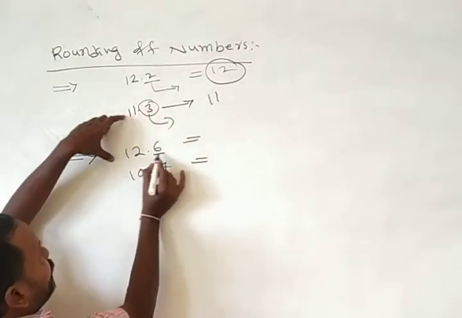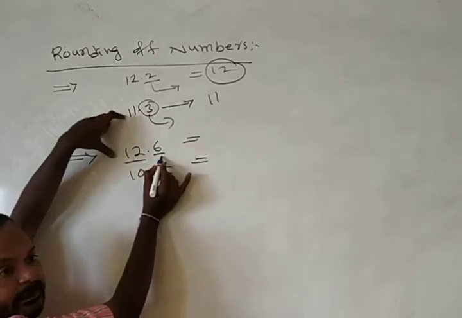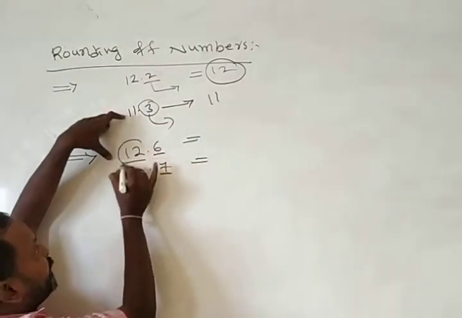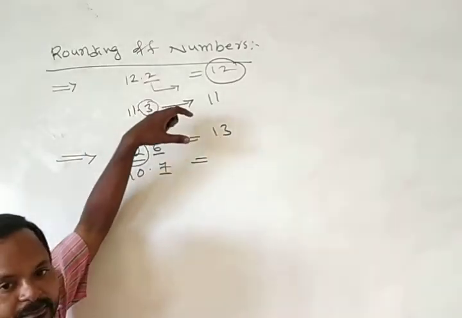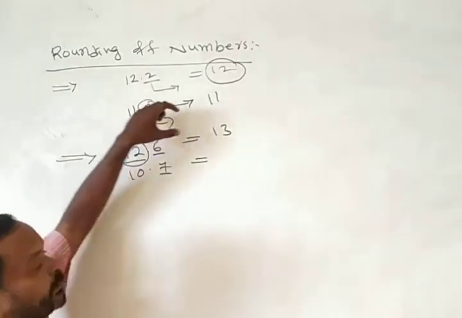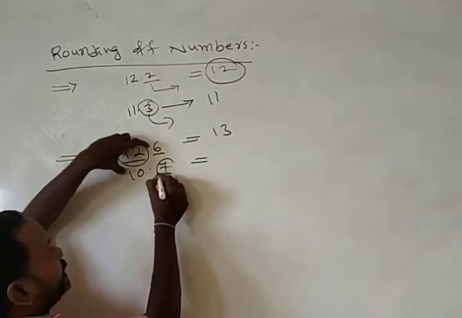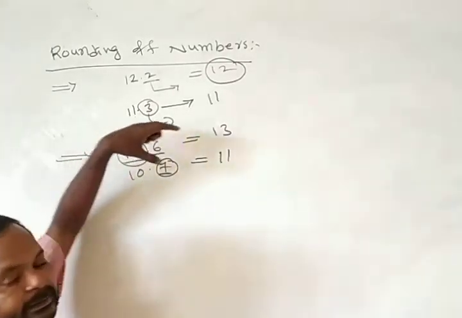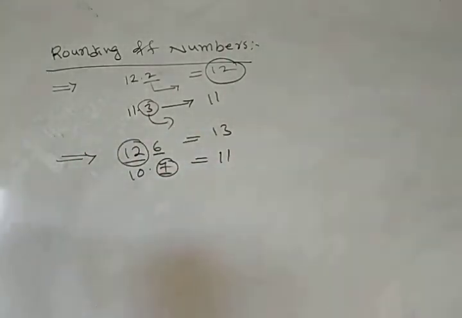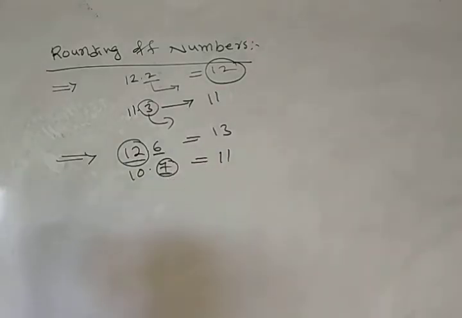That means in 12.6, the dropped number is 6, greater than 5, so this will be written as 13. Here in 10.7, 7 is the dropped number, it is greater than 5, so we write 11. If greater than 5, write the next number.